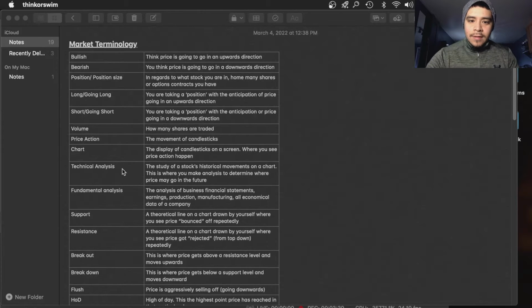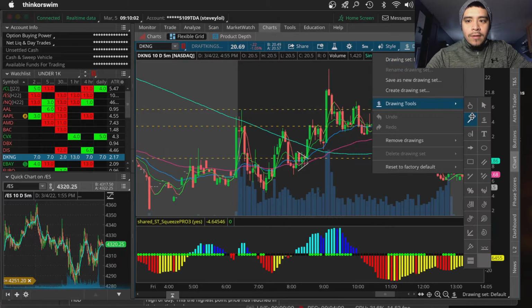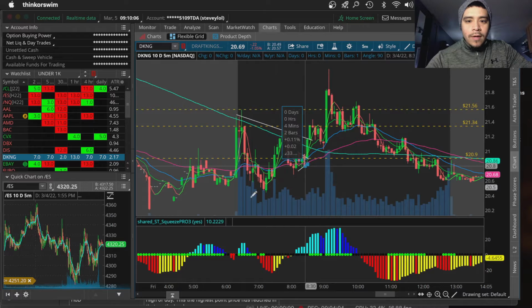Technical analysis, the study of historical movements on a chart. This is where you make an analysis to determine where price may go in the future. So you're using technical analysis to determine where price is going to go next. We don't know where price is going to go, right? But you're using indicators, patterns, like the symmetrical triangle I drew right here, right?